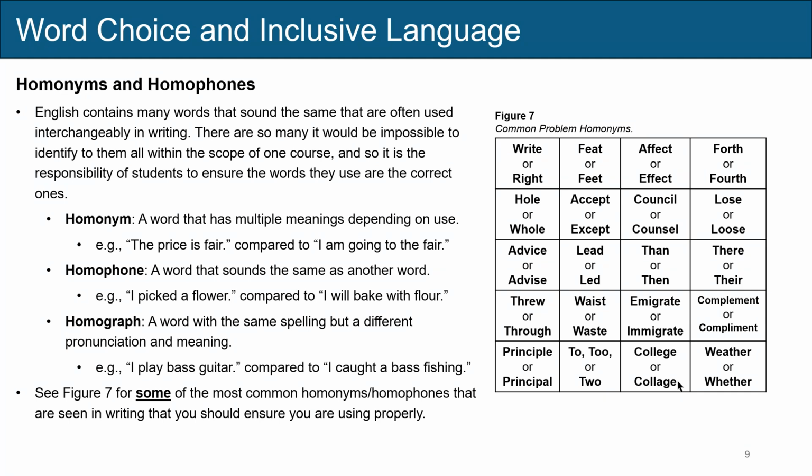It's sort of like an arts and crafts project. That's not the same as college. So make sure you're using the correct one on your title page, because if the title page is the first thing I'm seeing on a writing assignment and you already got that wrong, it lowers my expectations, unfortunately, because that's a simple one that you should make sure you're getting correct.